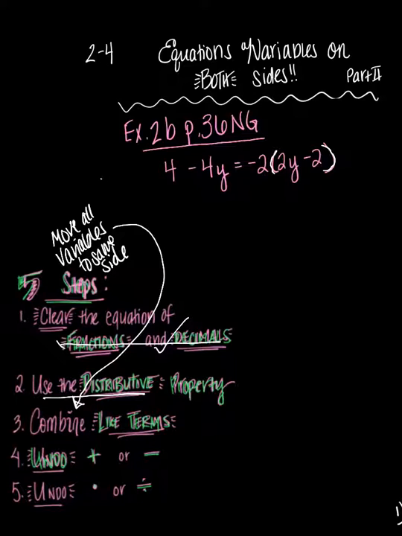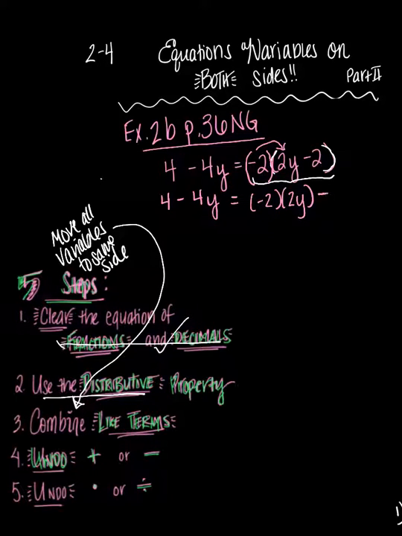Where do I have the distributive property? It's on the right side of my equation right here. So I'm not even going to touch the left side. I'm just going to write it again, and I'm going to have to deal with this over here. Remember that this is -2, so I've got to take the sign and the number and bring it over here and multiply it, which gives me -2 times 2y.